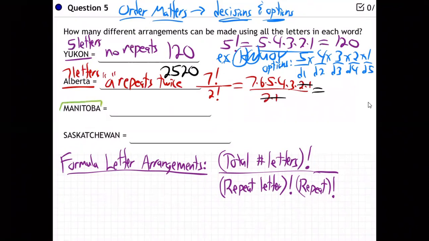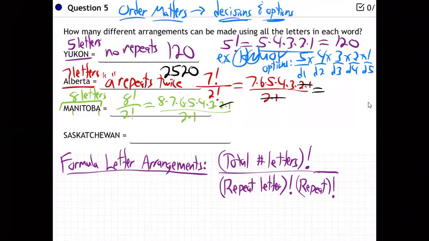So how many letters do we got here? 1, 2, 3, 4, 5, 6, 7, 8. I think it's 8. Yeah, 8. How many repeats? We got A and A. Is that it? Yeah, I guess so. So it's just going to be 8 factorial over 2 factorial, which is 8, 7, 6, 5, 4, 3, 2, 1 over 2, 1. 2, 1 cancels 2, 1.